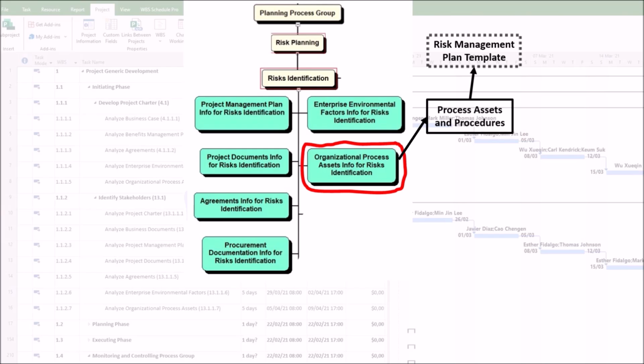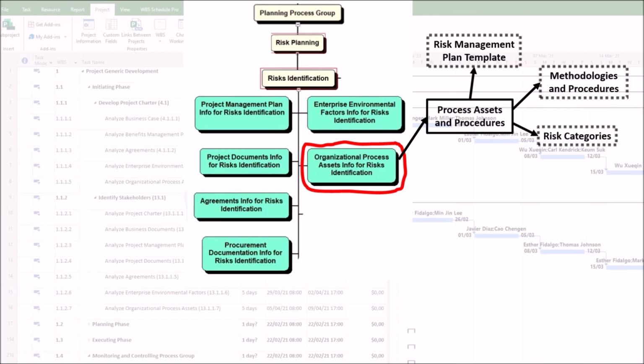Second, methodologies and procedures, standardized steps for conducting risk identification exercises, like how to run a brainstorming session or a Delphi technique, make the process more efficient and effective. Third, risk categories, obtained from a risk breakdown structure.